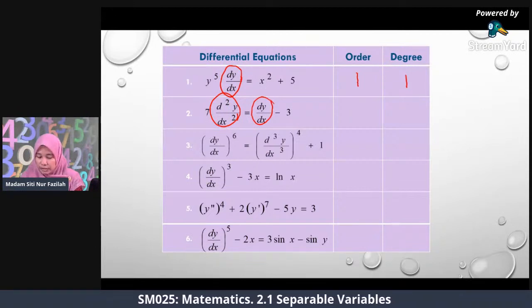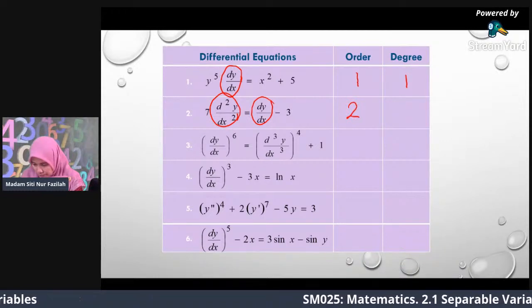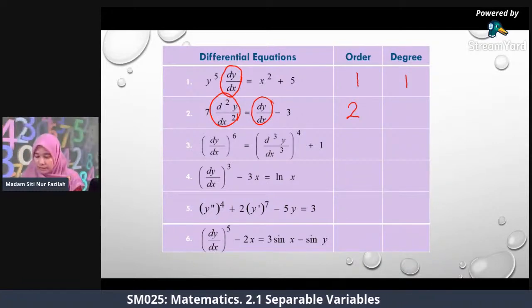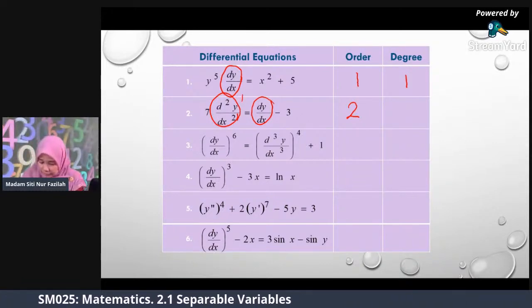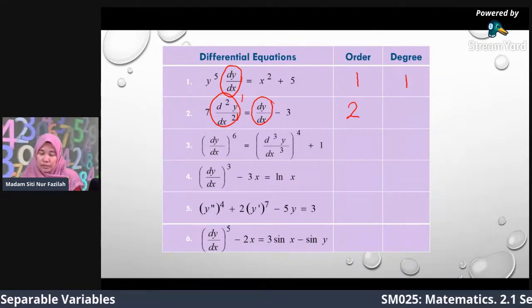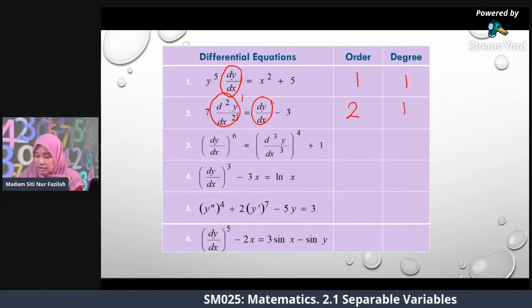That means the answer for order is 2, because of the second derivative, d square y over dx square. And then for degree, the power of d square y over dx square is to the power of 1. The answer for degree also is 1.